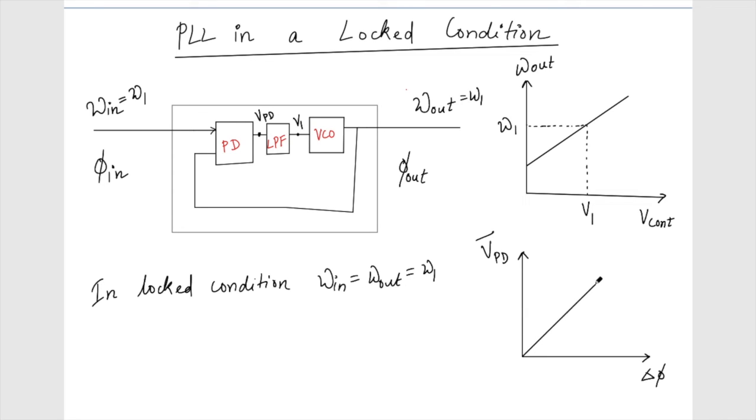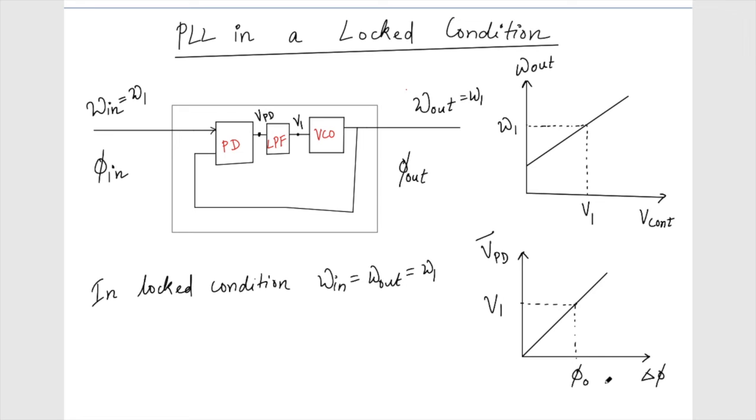It should spit out that much amount of phase. The average value after low pass filtering should be V1, and let's call the phase difference phi naught, where phi naught is the phase difference between phi in and phi out.